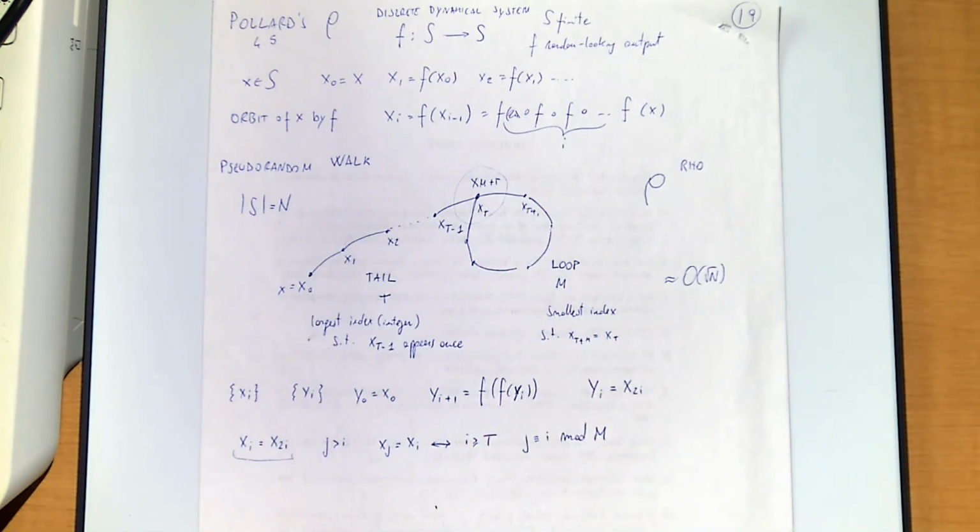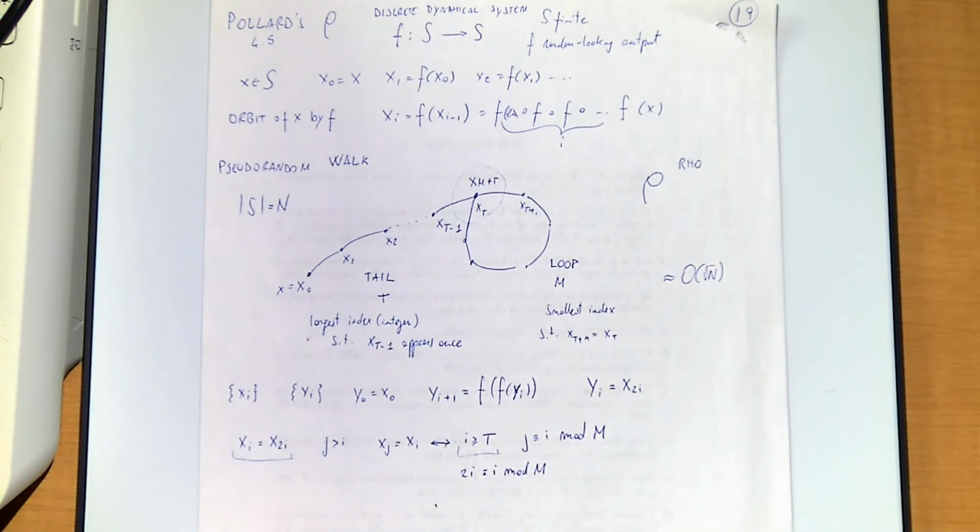So if we're looking for a specific index, then we can just think that j is 2i. Therefore, the condition is that i has to be greater than or equal to t, and then 2i is congruent to i mod m. If I was just writing out the sequence of the x's, I'd be looking for the first condition.